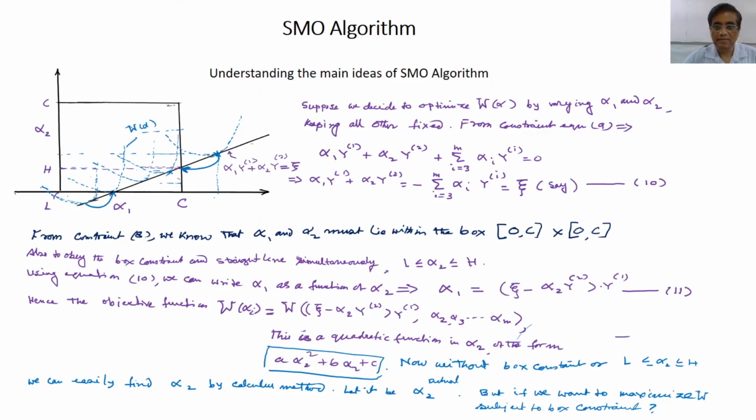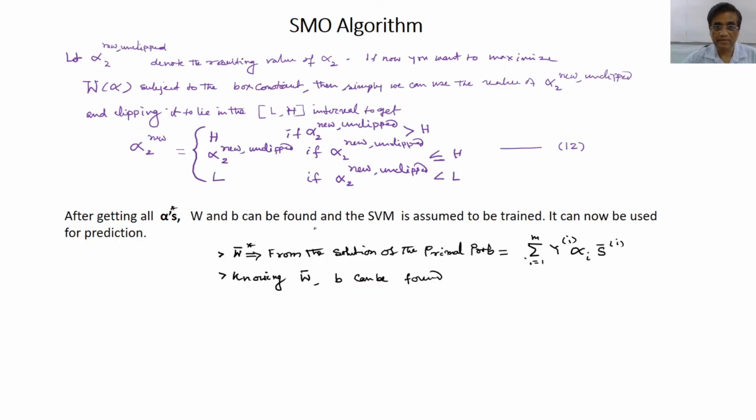The box constraint is there because of the soft margin support vector machine, and you are using two Lagrangian multipliers at a time to optimize W and collecting the optimum values for the pair. This is the way the algorithm runs.